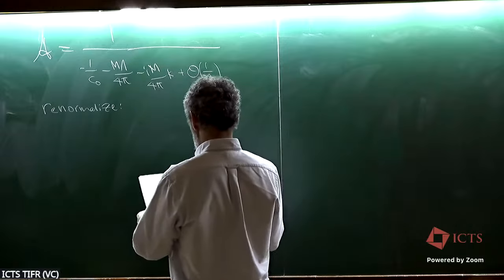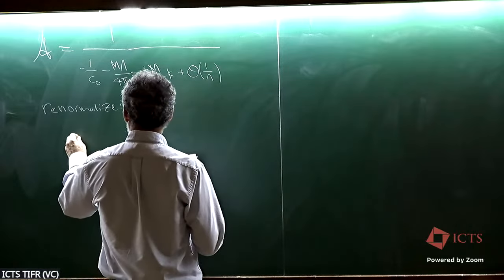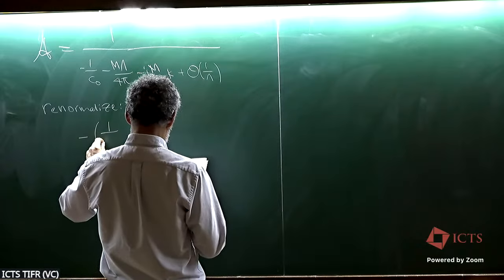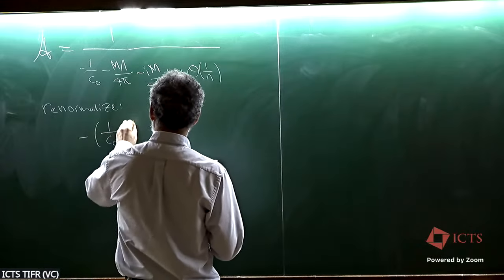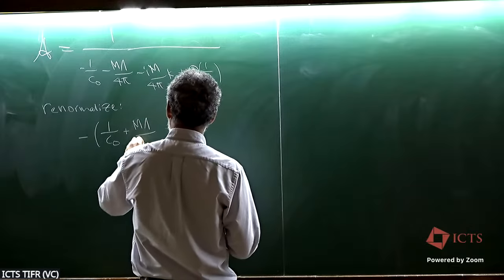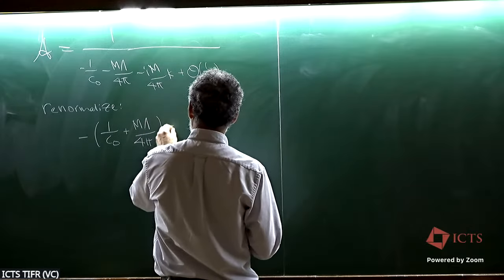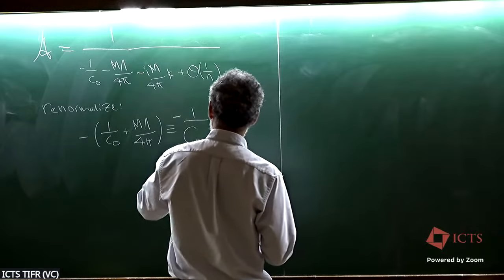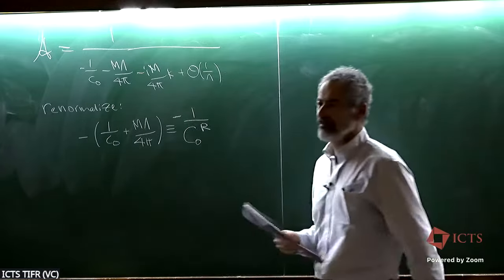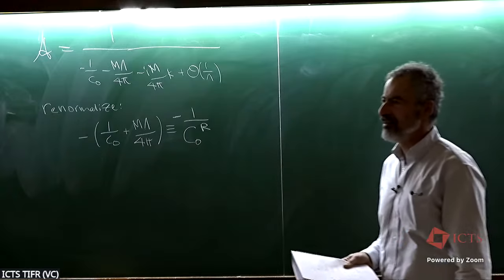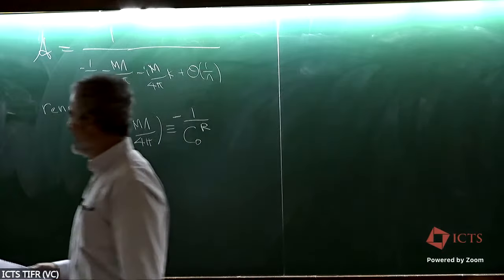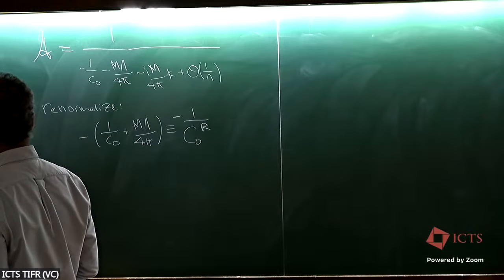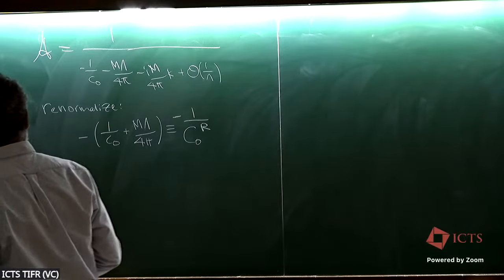I'm going to declare that minus 1 over C naught plus m lambda over 4 pi is defined to be minus 1 over C naught renormalized. Yeah, 2 pi squared.